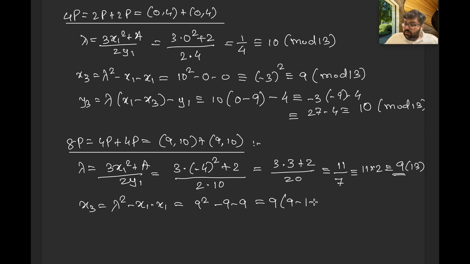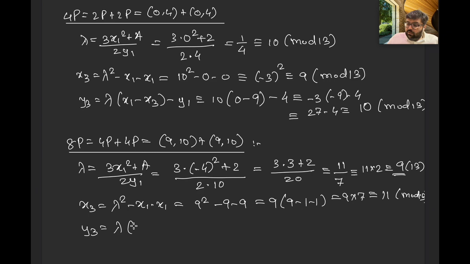So 9 minus 1 minus 1. So 9 into 7, 63. 63 and 13 times 4 is 52. 52 and 63, so this is 11 mod 13.